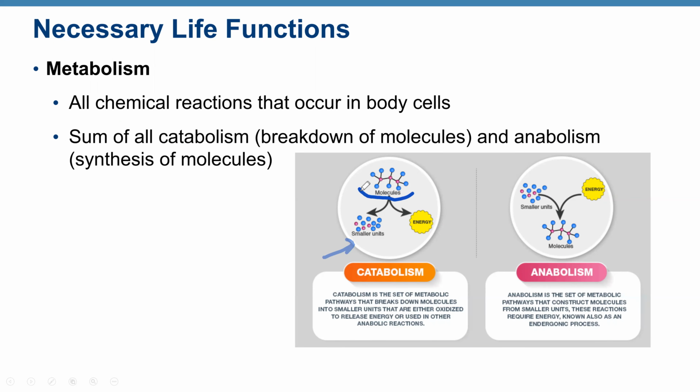So you can see catabolism went from a larger molecule, we have smaller units, and energy, plus anabolism went from smaller units. Using energy, your cells synthesize larger molecules. So that's metabolism, sum of all chemical reactions in your body.